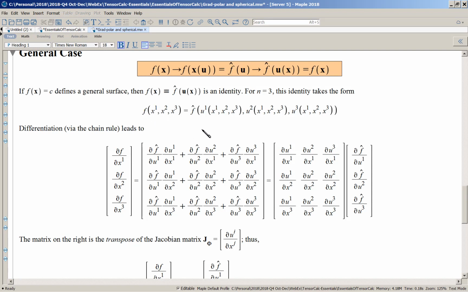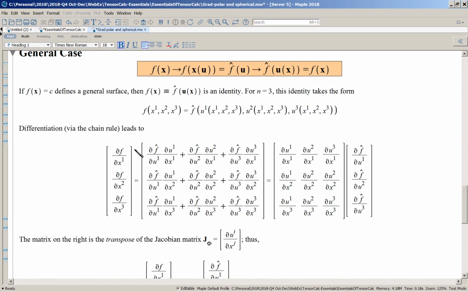How do you do that? It's df hat du1 du1 dx1. That's this term. Plus df hat du2 du2 dx1 plus df hat du3 du3 dx1.